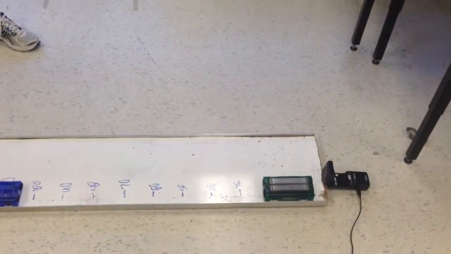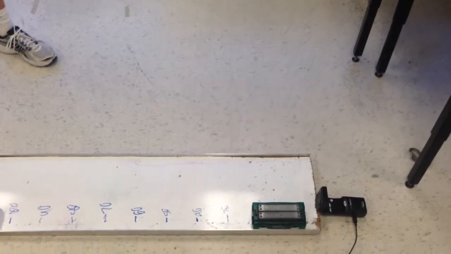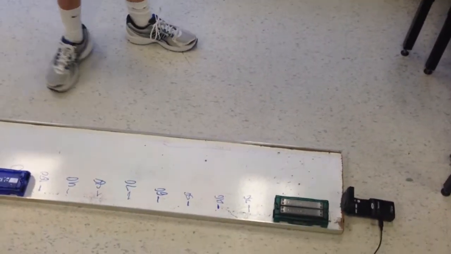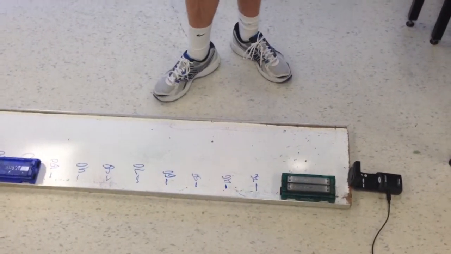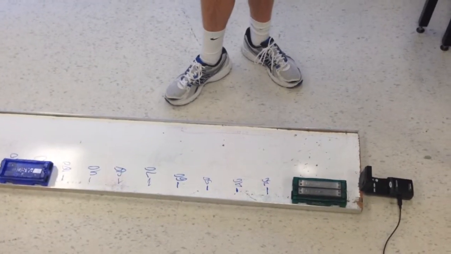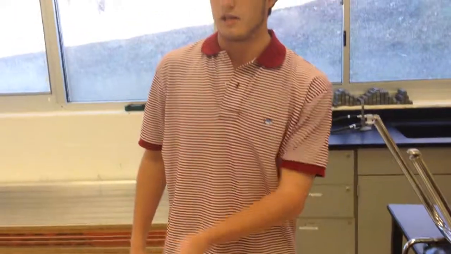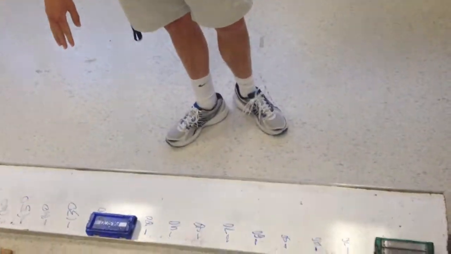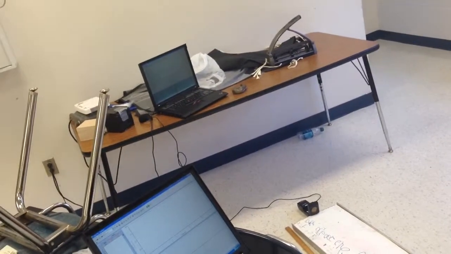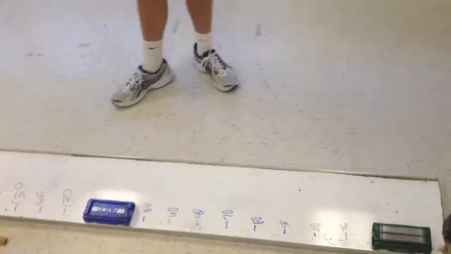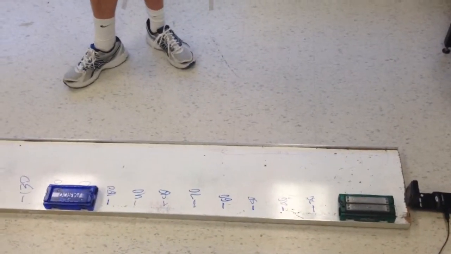AJ will push the green car into the blue car, and using the Go Motion sensor and this computer logged on to Logger Pro, we're going to see how the momentum, velocity, and position over time change all the way through when it hits the car.